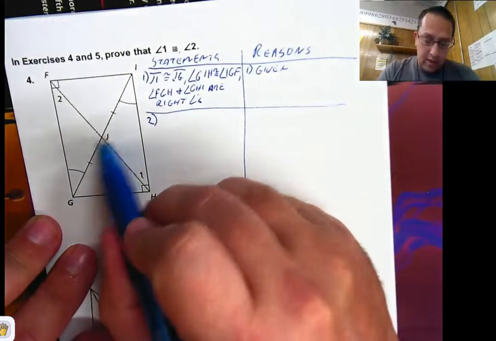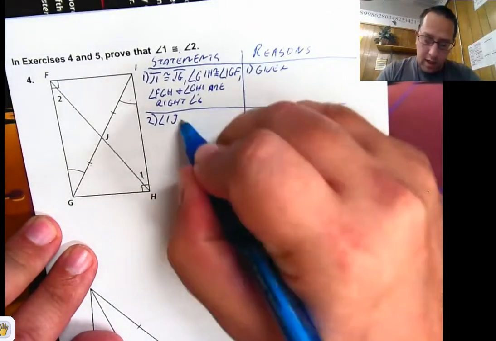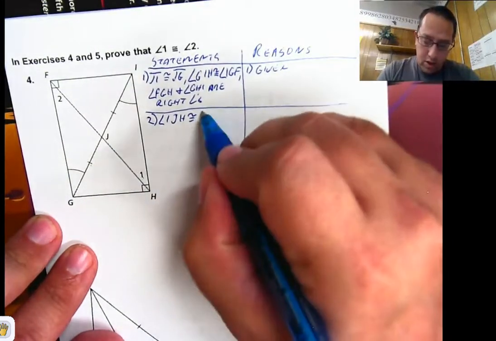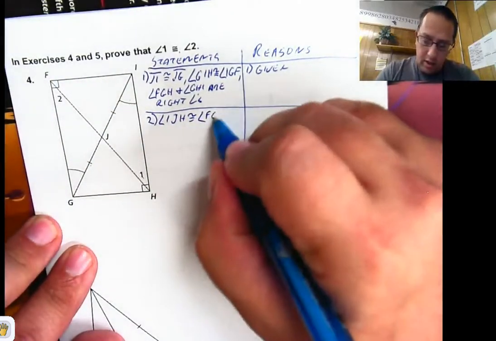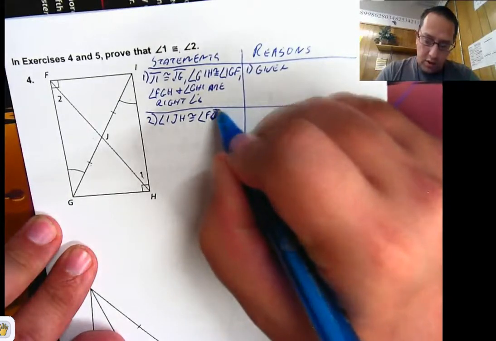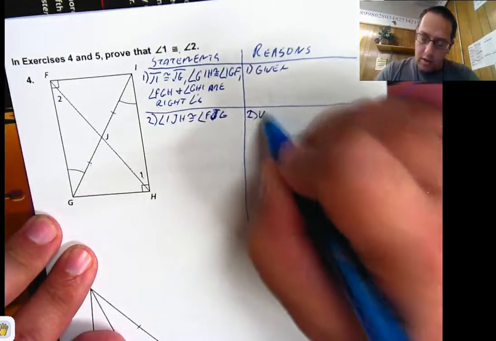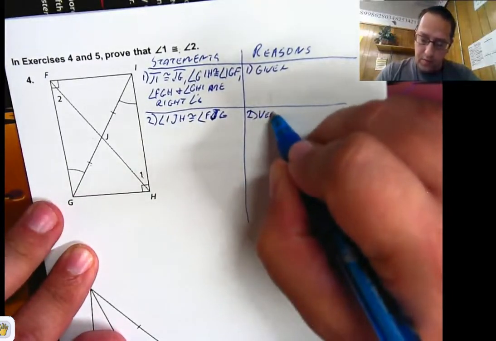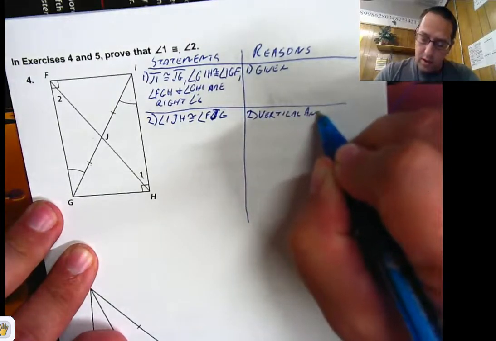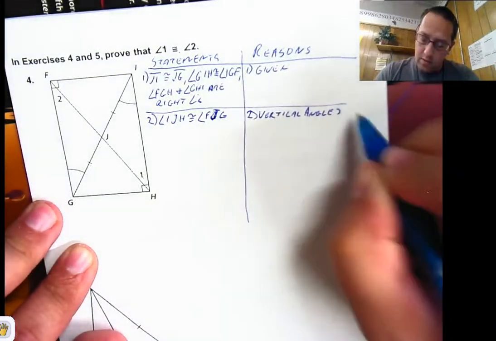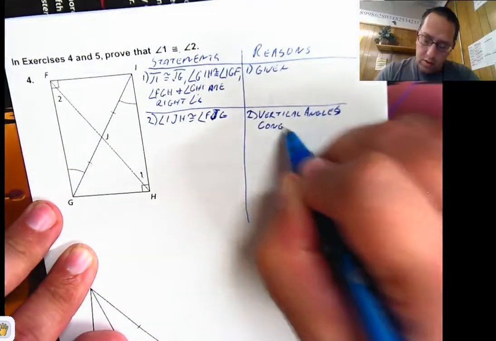So we need to say that these angles here, so that'll be angle IJH is congruent to angle on this side here, FJG, because these are vertical angles, and so that is the vertical angles congruence theorem.